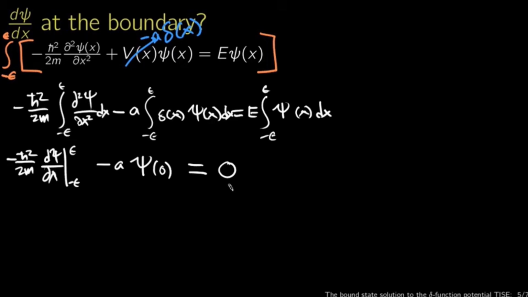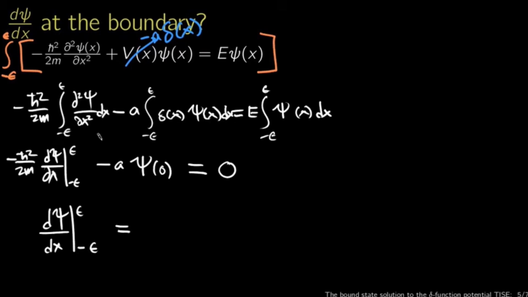What we've gotten from consideration of integrating the time-independent Schrödinger equation over the boundary with the delta function potential is a condition that tells us how much our first derivative changes at the boundary. If I rearrange this expression here, I'm getting the derivative of psi with respect to x evaluated at epsilon minus what I get if I evaluate it at minus epsilon.